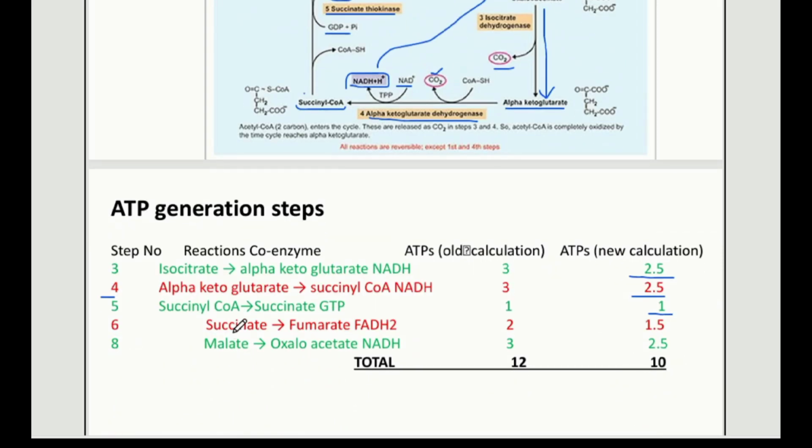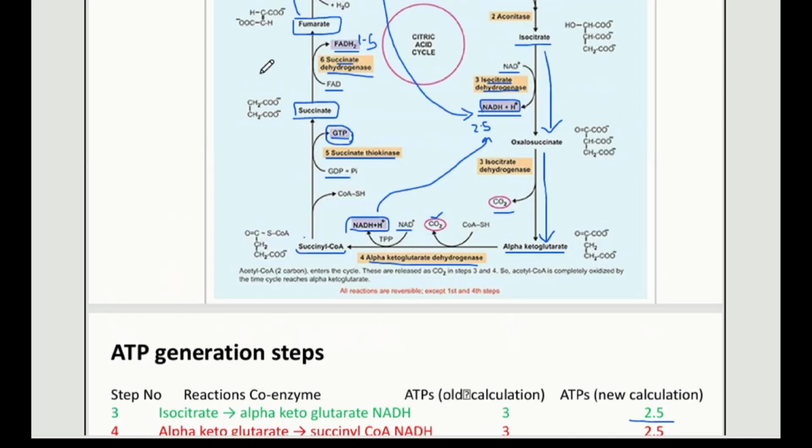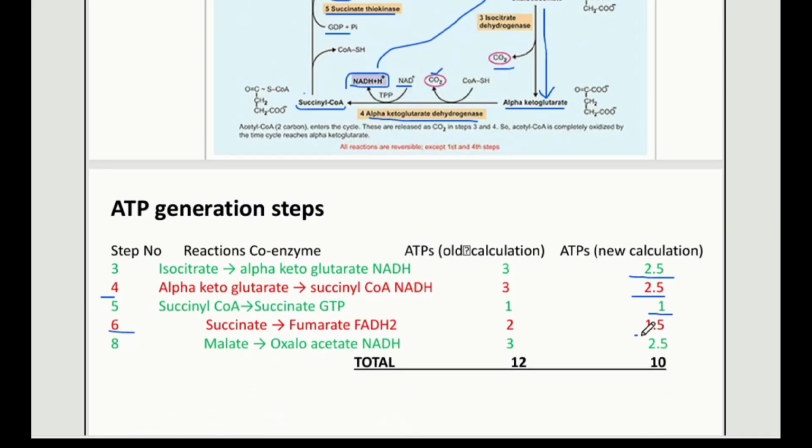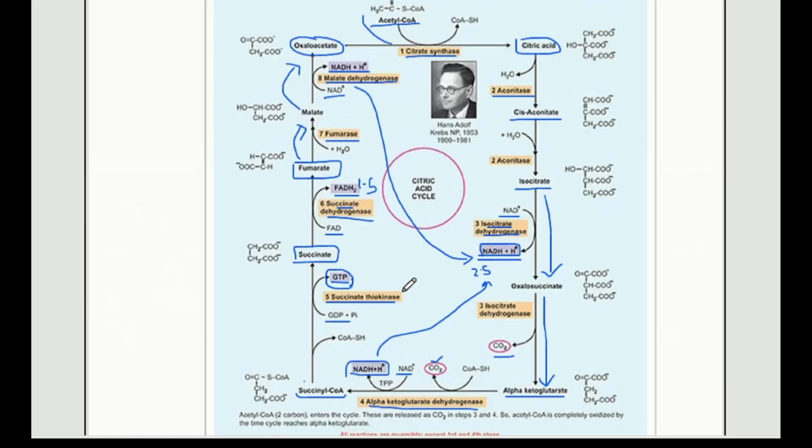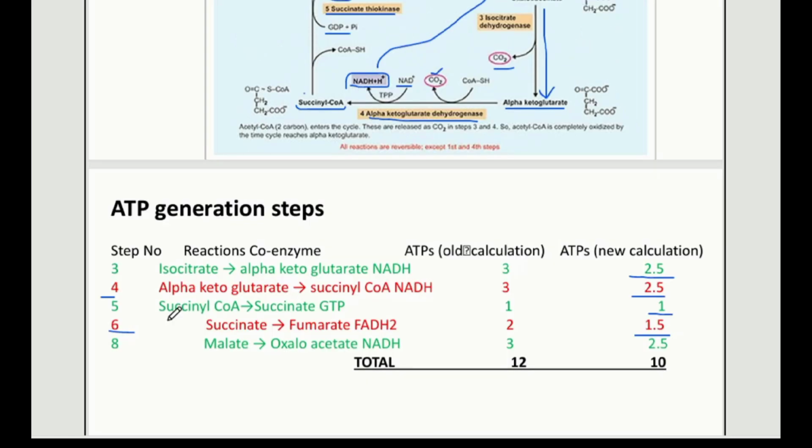Then from succinate to fumarate, step number 6, FADH2 is producing. So from 1 FADH2 we are getting 1.5 ATPs. And in this step, malate to oxaloacetate, step number 8, we are getting 2.5 ATPs. So altogether we are getting 10 ATPs in one cycle.